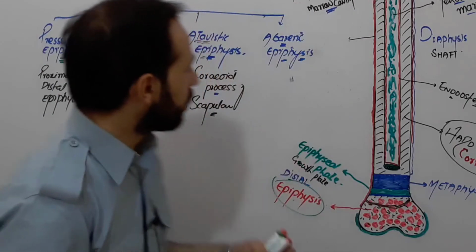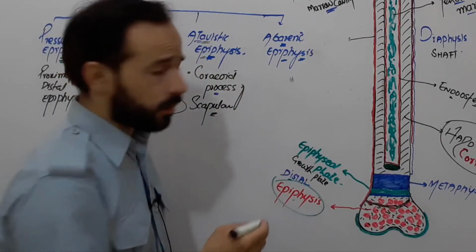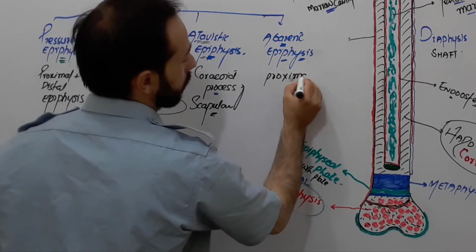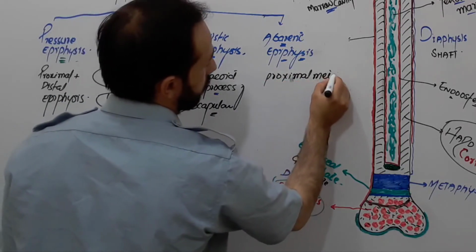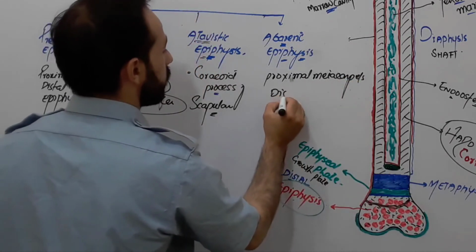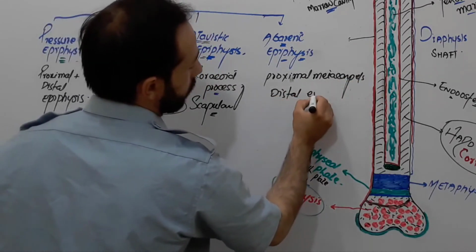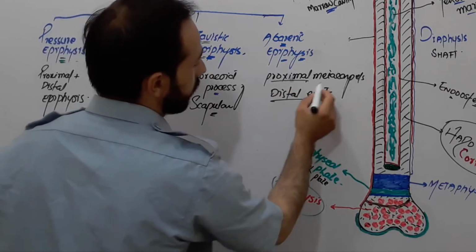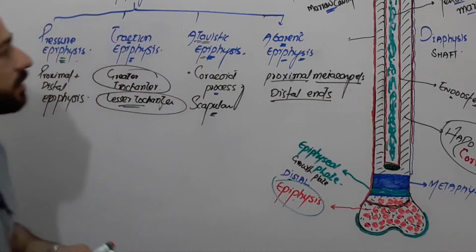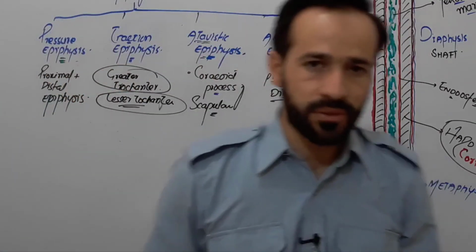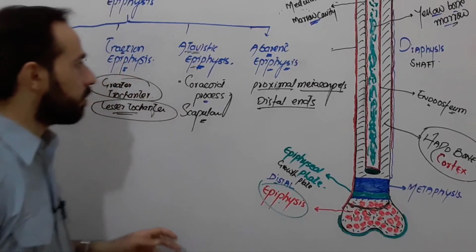For example, these kinds of epiphyses are sometimes found in the proximal and distal ends of the metacarpals, right? So we say that in the proximal and distal ends of metacarpals, these aberrant epiphyses are sometimes present, not in all human bodies.